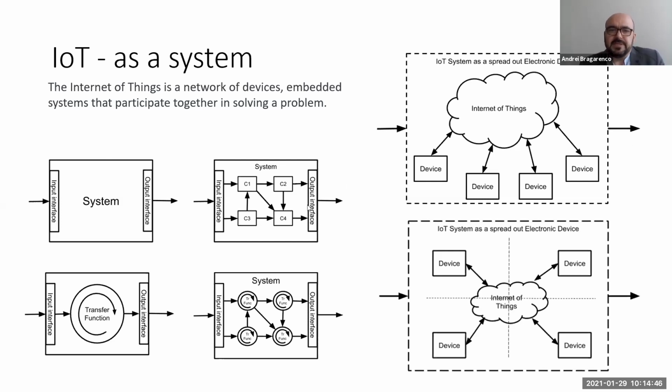Also, from the structural point of view, a system is made of different components. Those components can be part of only one device, or part of different devices. But what we see here is a system made of different devices. More than that, these devices can be abstracted to the component interconnection like this.